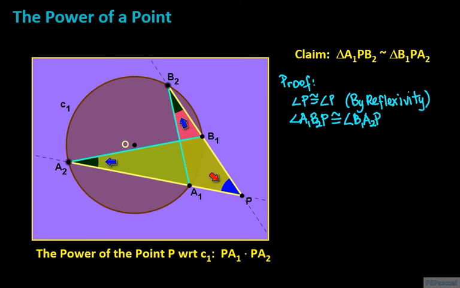Here's the explanation for why they are congruent. Both are inscribed angles in the circle. At the same time, they intercept the same arc A1B1 of the circle. It is a well-known fact that inscribed angles of a circle that intercept the same arc have the same measure, and are therefore congruent.